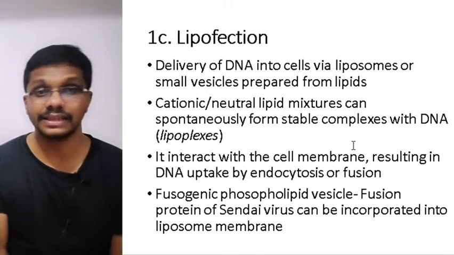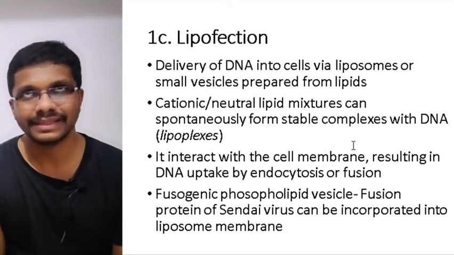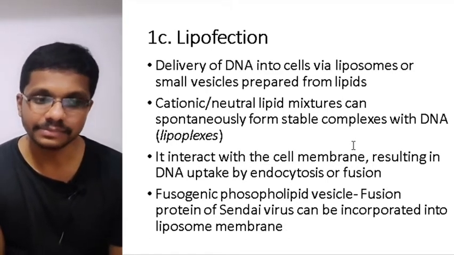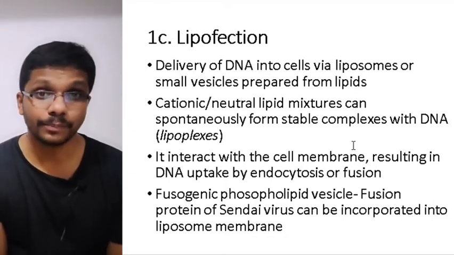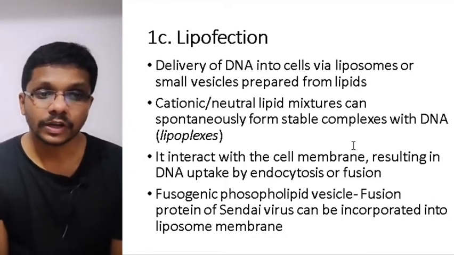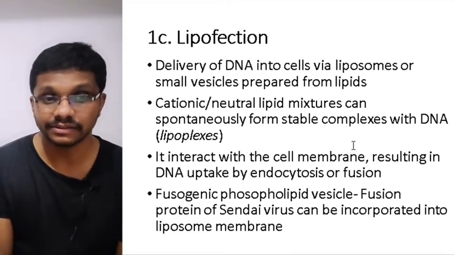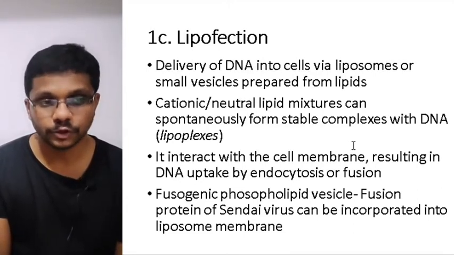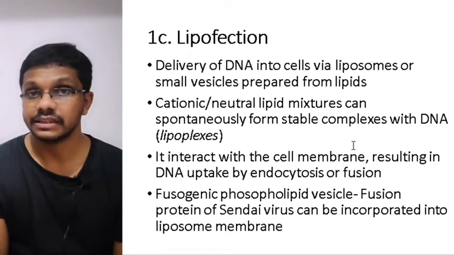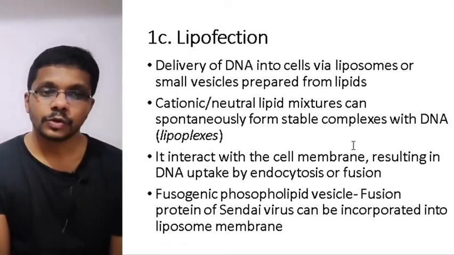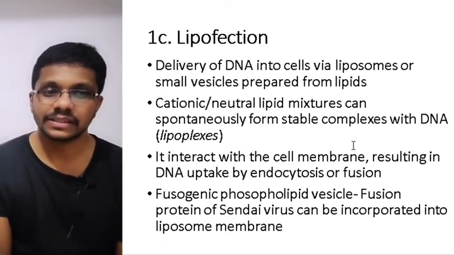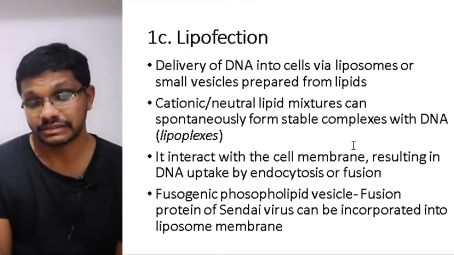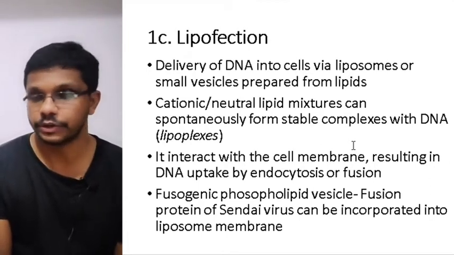The next method is lipofection. As the name tells, it is like infection with lipids. In lipofection, DNA is delivered into the cell via liposomes, or small vesicles we prepare from lipids. We can use lipoplexes that can be cationic or neutral in charge.